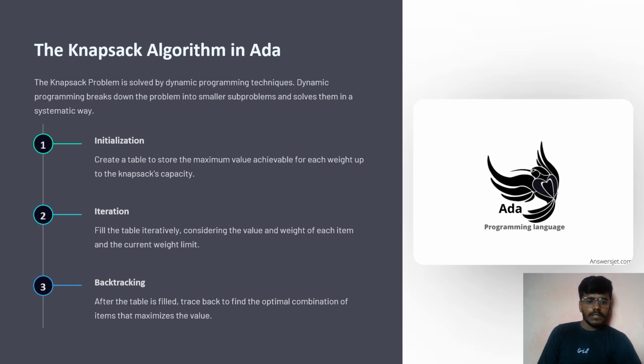Fill the table iteratively, considering the value and weight of each item and the current weight limit. Then backtracking. After the table is filled, track back to find the optimal combination of items that maximizes the value.